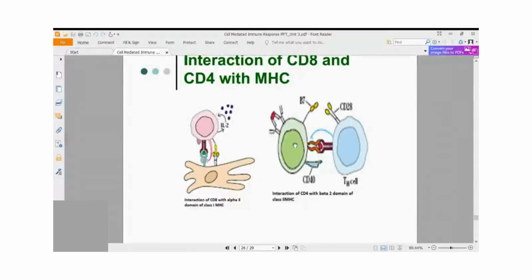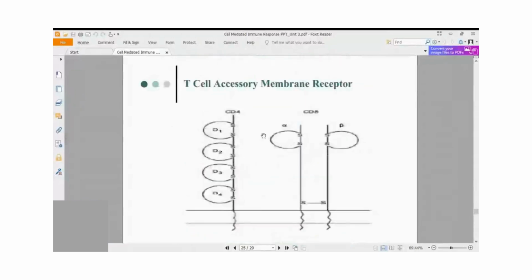And without the involvement of CD4 or CD8 receptor, it is next to impossible for the T cell to get selected. So, if these receptors are absent due to genetic deficiency, the T cell maturation process will not be complete.